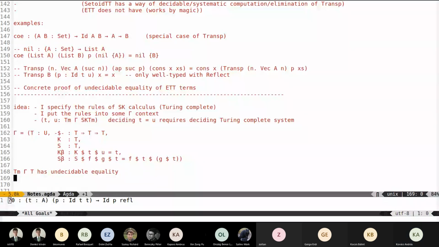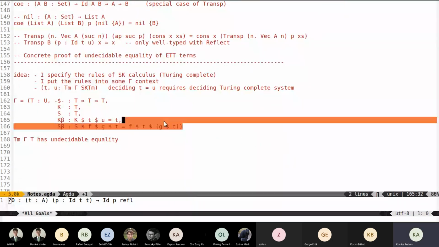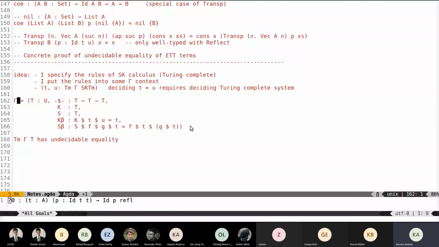And I can put any other undecidable equational theory. So I just have to choose any undecidable equational theory for gamma.